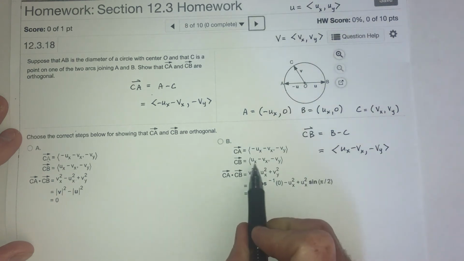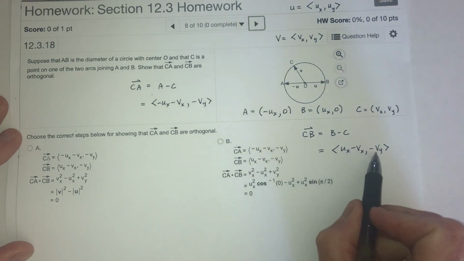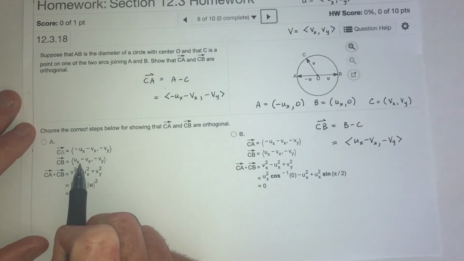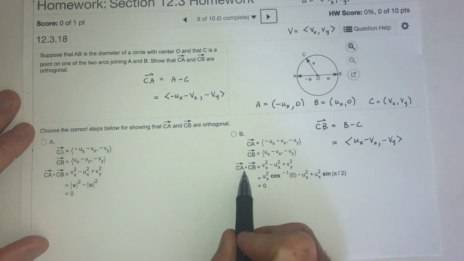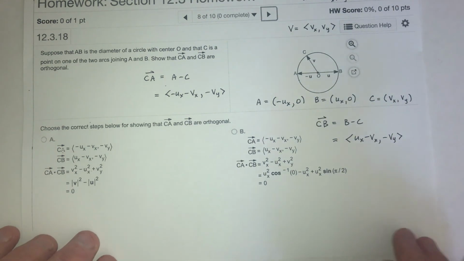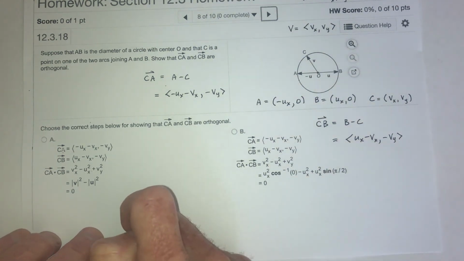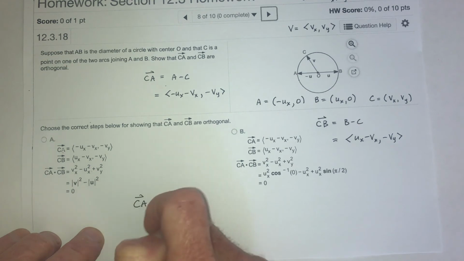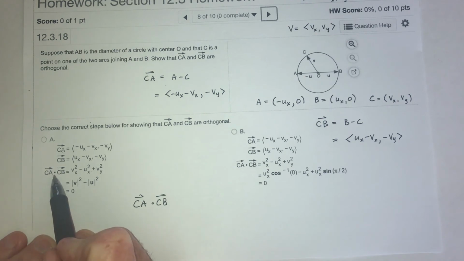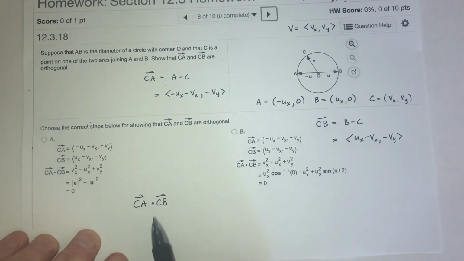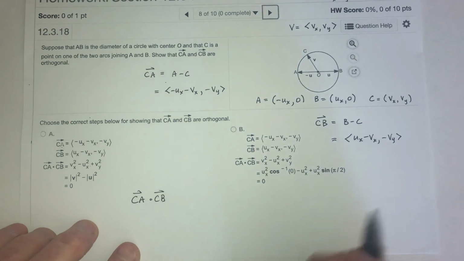And this has the exact same thing that I just got right there. So far they're the same. Now they're saying find the dot product of those two vectors. So the dot product, CA dot product with CB. By the way, they're supposed to have an open circle right there. Anyway, pretend it's an open circle for the dot product.